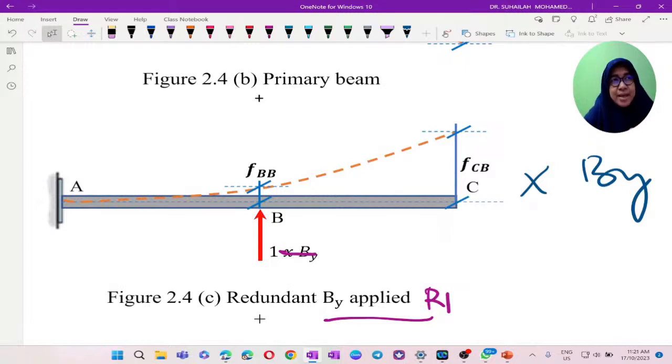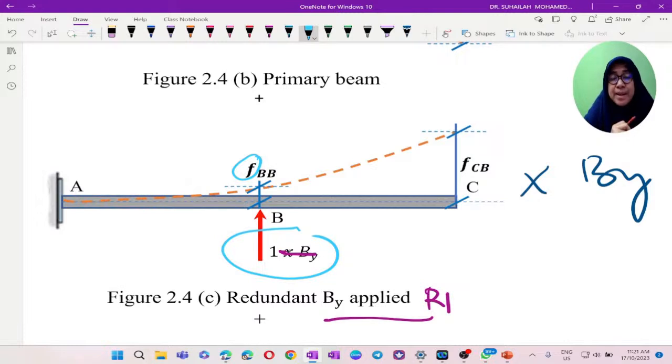So due to a unit value at B, the label used is F, for displacement due to a unit value.